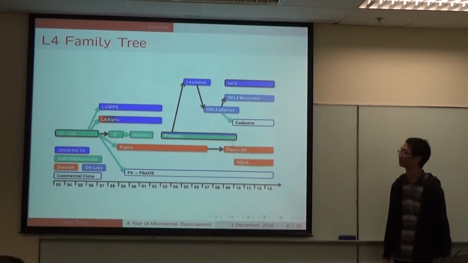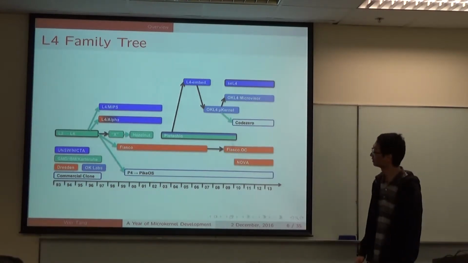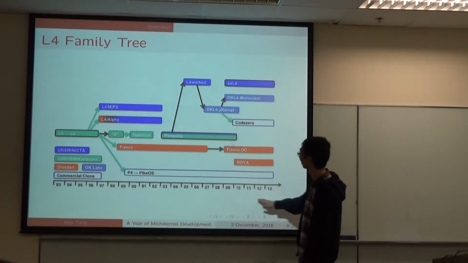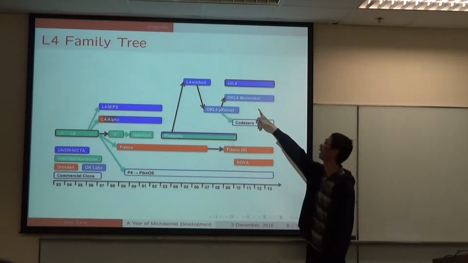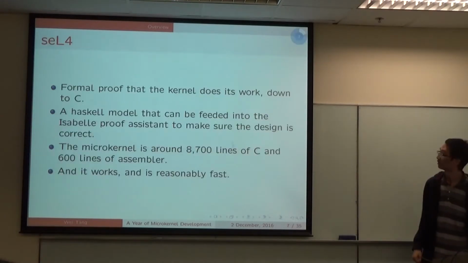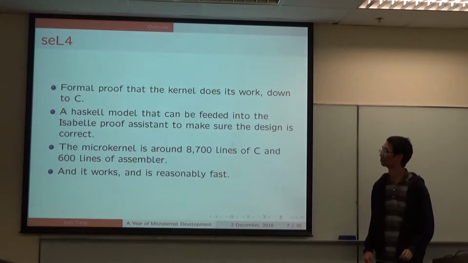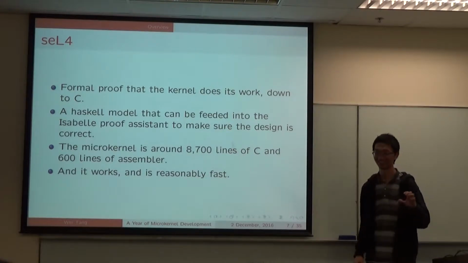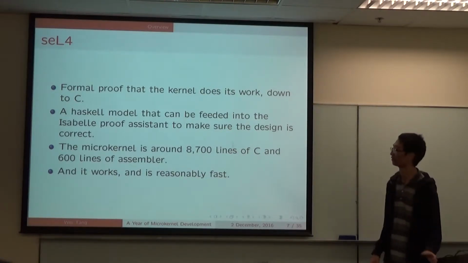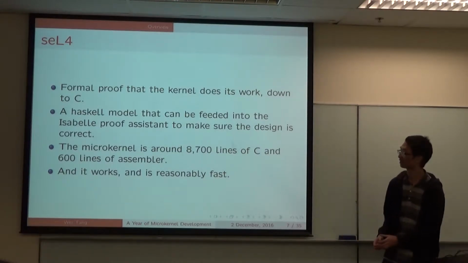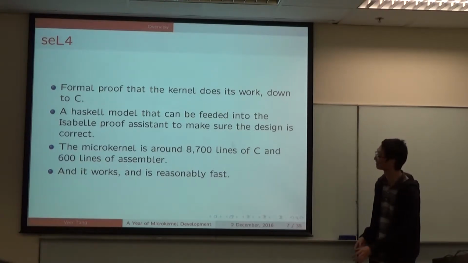I talked about the L4 family tree, which is very long, and I only want to talk about seL4 here, which is relatively new. It has a formal proof. The proof is converted from a Haskell model to the Isabelle proof checker, which checks that the microkernel actually does what it says it does.